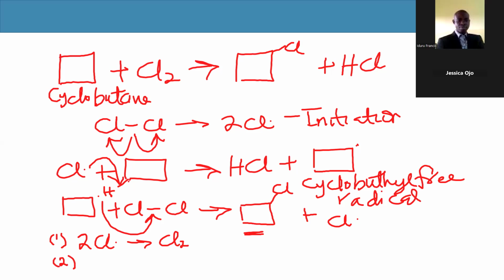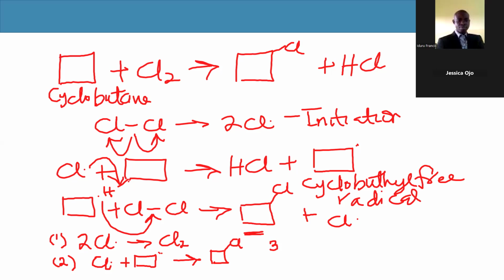Second one: Cl dot plus the rectangle dot, the square dot, to give us the ring with Cl.